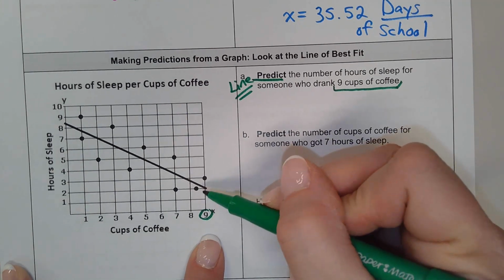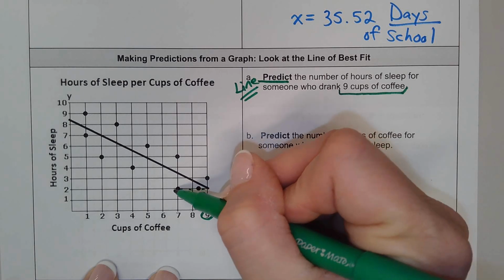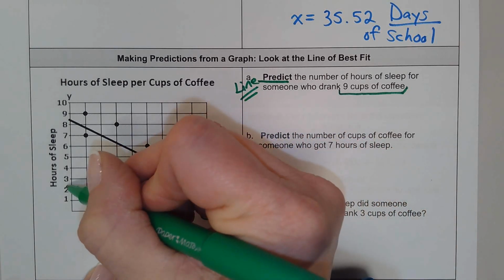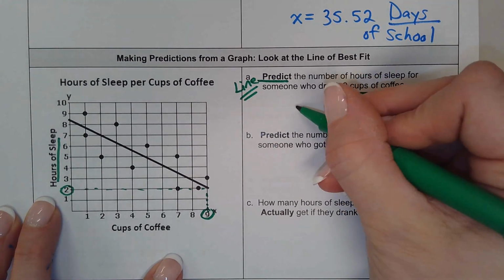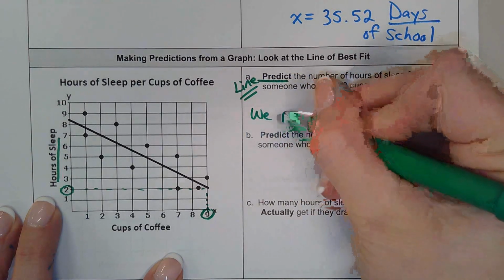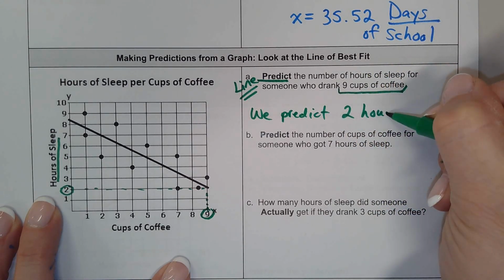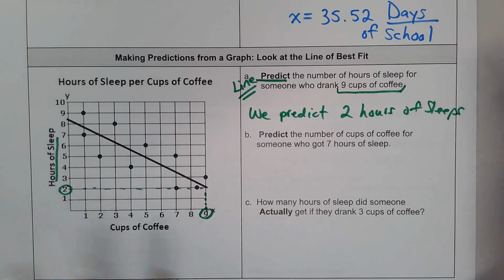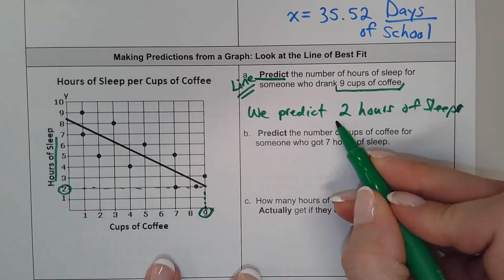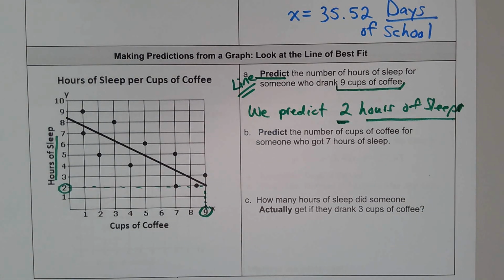Okay, so we're not going to go to the dot, we're going to go to the line, and the answer is 2 hours of sleep. We predict 2 hours of sleep. Okay. Remember, you have to have a number, and then you have to have the word.